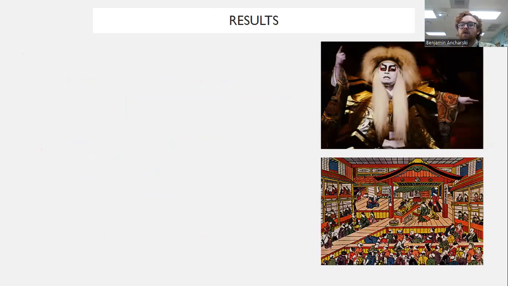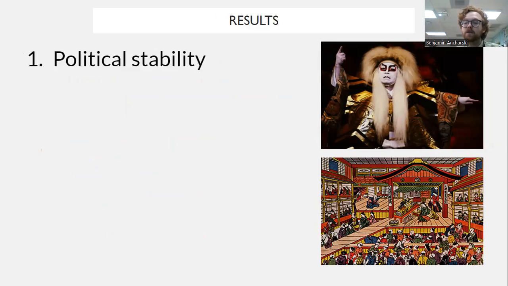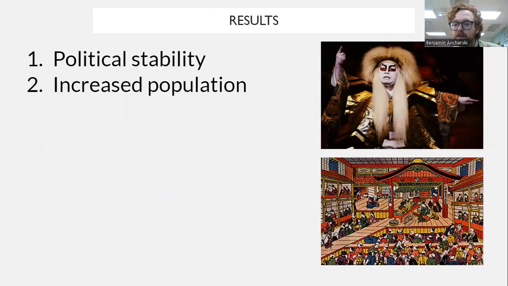So what's the impact of all of this? Well, there are a few impacts. This centralization is going to lead to political stability. There's no more internal conflicts, no more civil wars. And the impact of no more civil wars is that now there's no longer conflict, we can increase Japan's population.